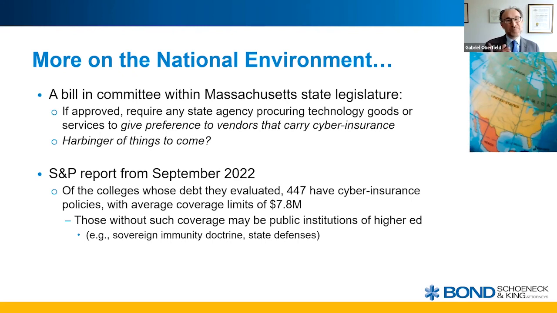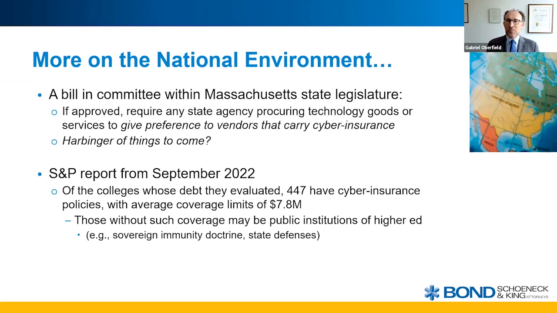And let's turn to an S&P report for a bit of contrast and further context. Back in September 22, S&P noted that of the colleges whose debt they evaluated, about 450 of them have cyber insurance policies with average coverage amounts of just under $8 million.